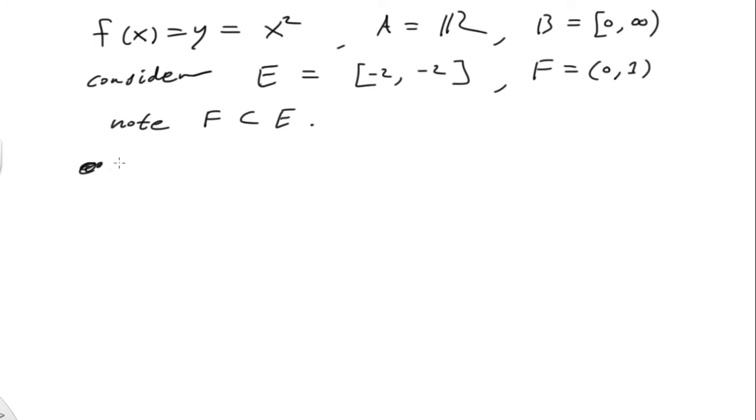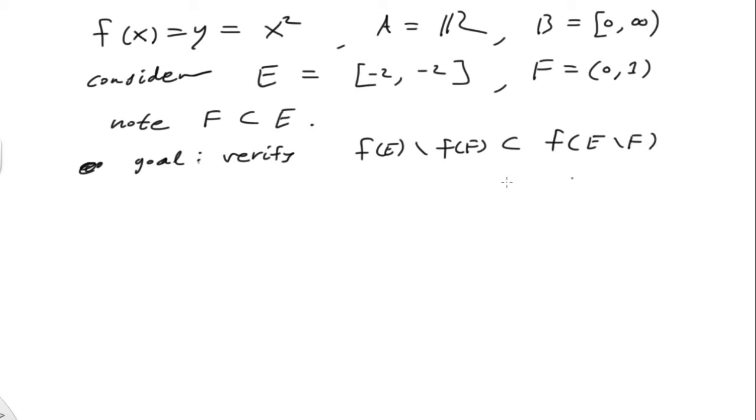All right, and now let's examine. Our goal is to verify that f of E not f is in fact a subset of the image f of E not f. We want to verify this for this particular example, and it's pretty straightforward to do.